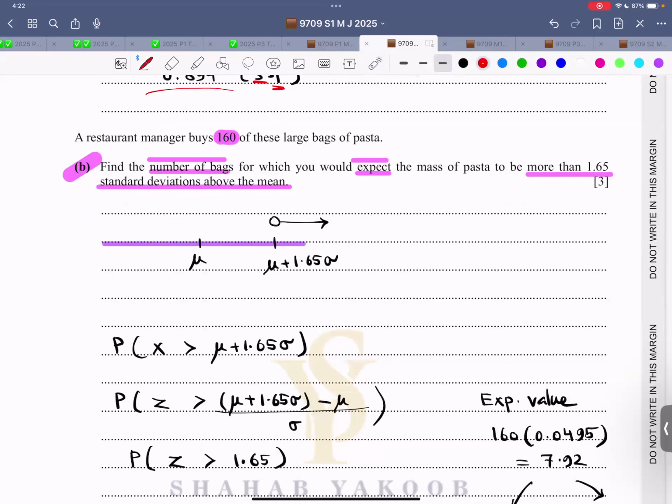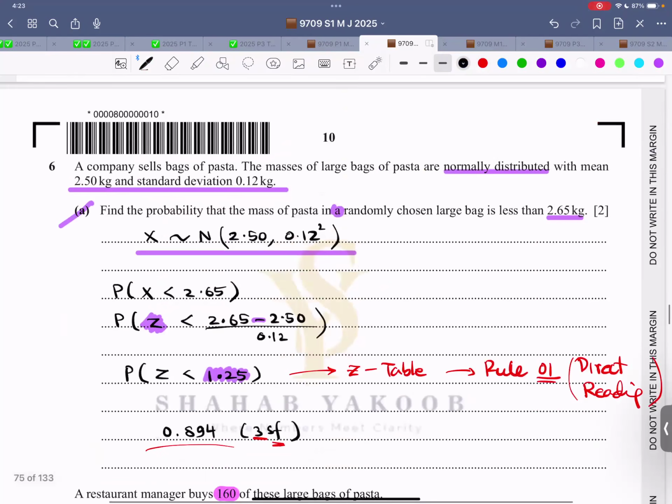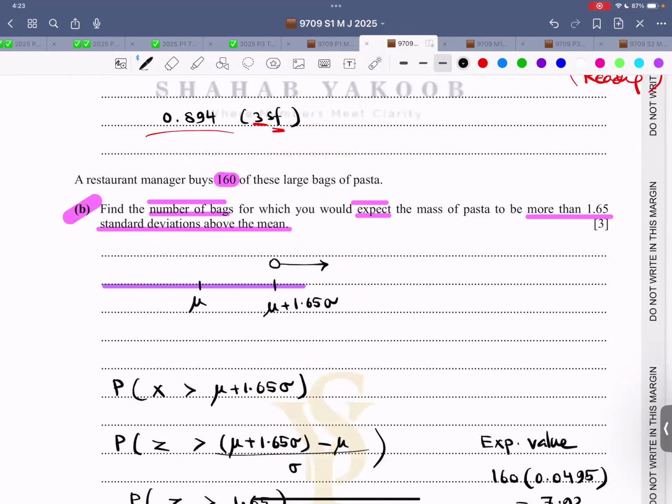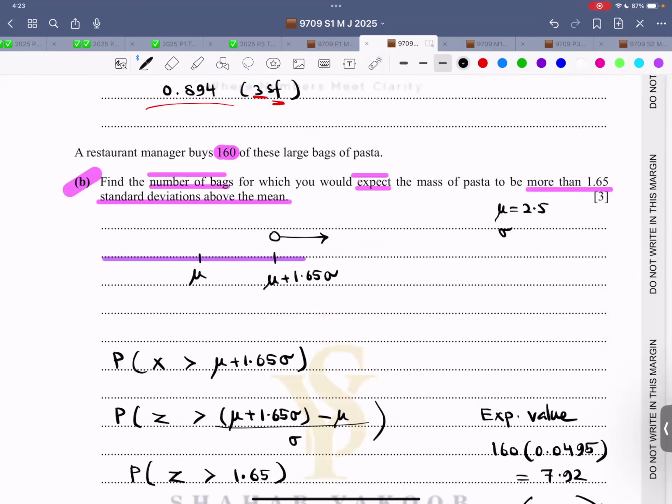Some people, what they can do is that, let me grab my calculator because I have done it the other way. So how much is the mean? The mean is 2.5. So mu is 2.5. And this thing over here is 0.12. Standard deviation is 0.12. Let me multiply these two.